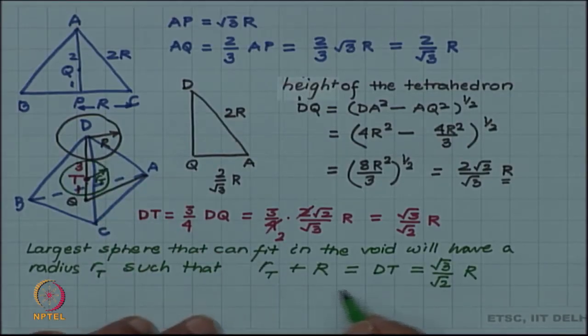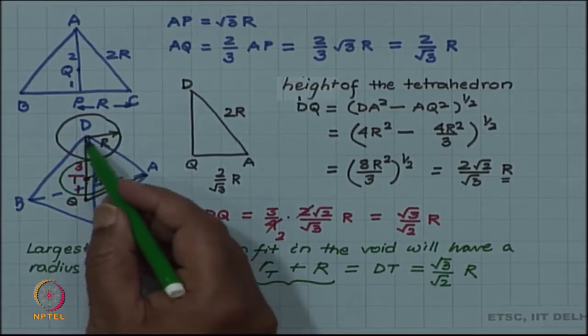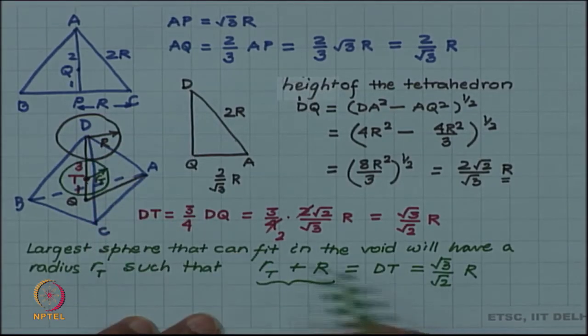So, the sum of their radii, the sphere which is fitting in the tetrahedral void RT and the sphere which is sitting at the corners of the void, which is defining the void, capital R, should be equal to the distance between corner and center, which is what we have found, DT, which is root 3 by root 2 R.